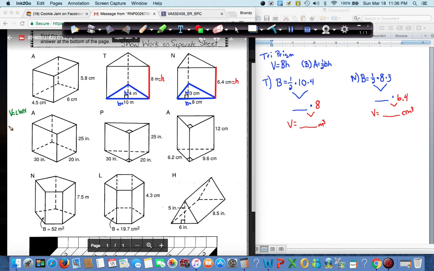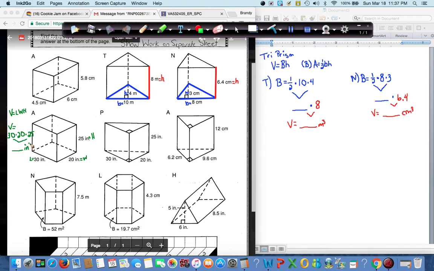So here for volume you would just say 30, we can make this our length, this can be our width, this can be our height. So 30 times 20 times 25. Just multiply those three numbers in a row, hit equals at the end, and that's going to be inches cubed.